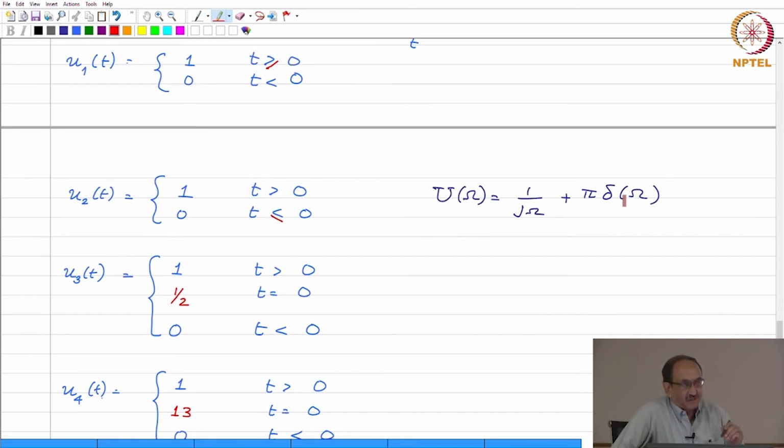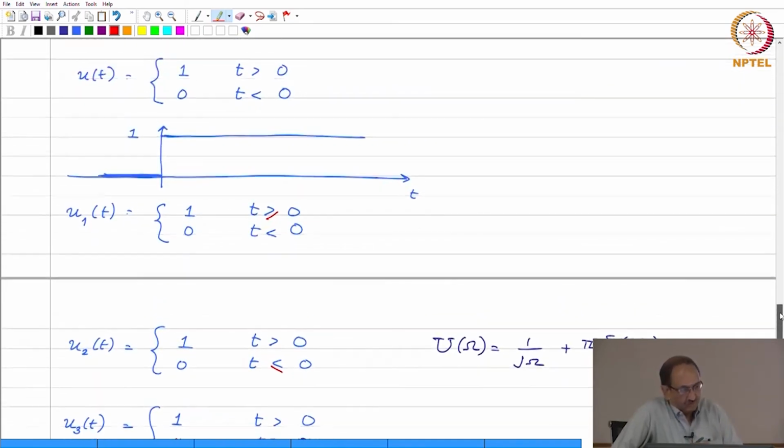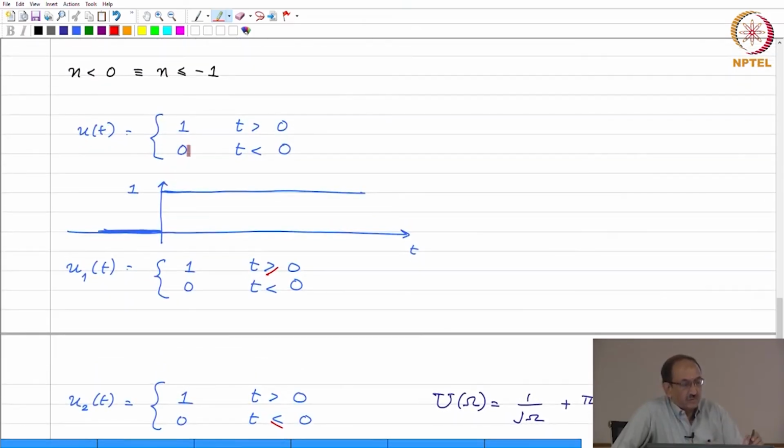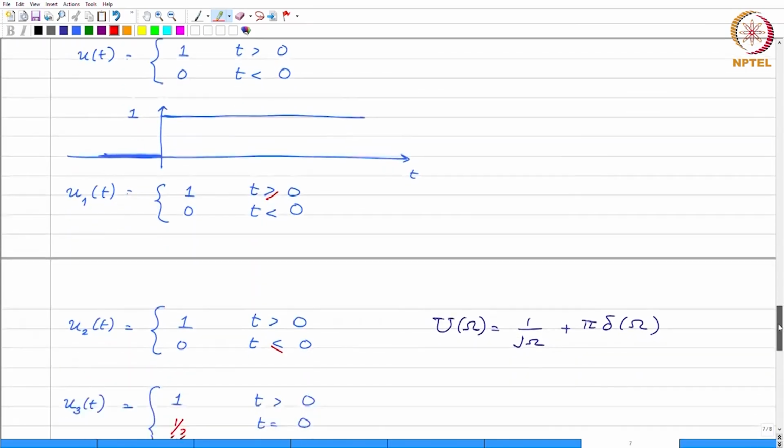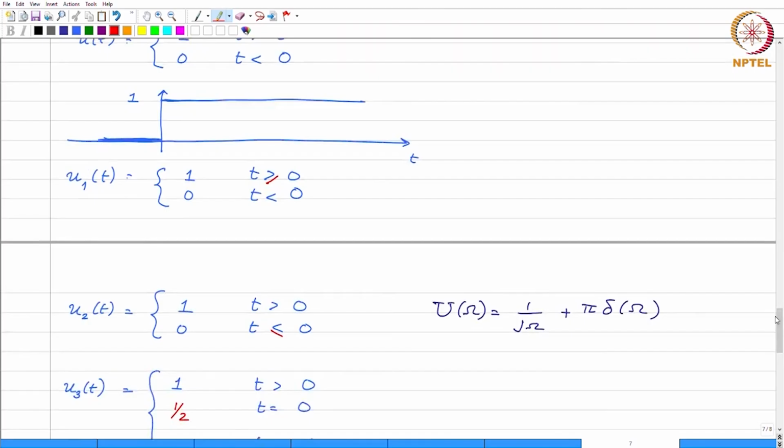All right, so 1 for t greater than 0 and 0 for t less than 0, all right. If you look at the inversion integral, it is defined for all t, correct? So, why do you want to leave out t equal to 0 and leave it undefined?